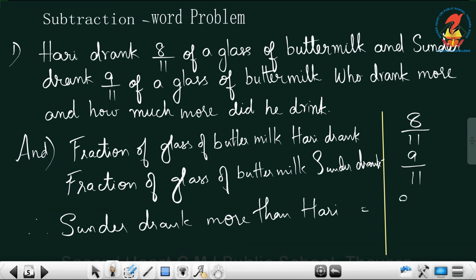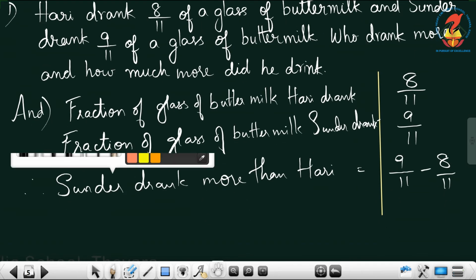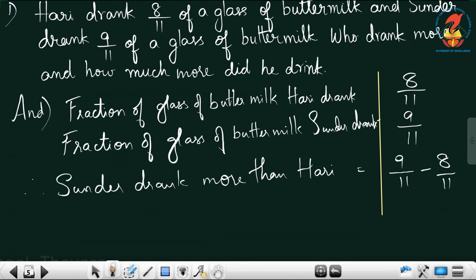So it's 9 by 11 minus 8 by 11. You need to find out how much portion he has drunk more than Hari. 9 by 11 minus 8 by 11. 9 minus 8, how much you get? 1 by 11. Got it? 1 by 11 portion of buttermilk he has drunk more than Hari.